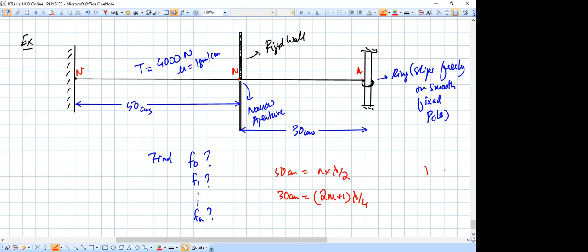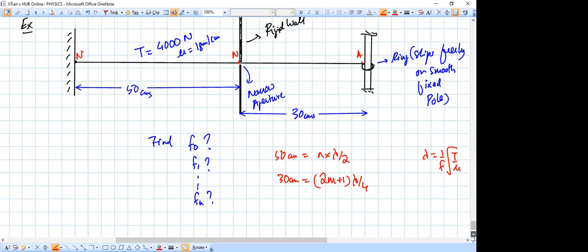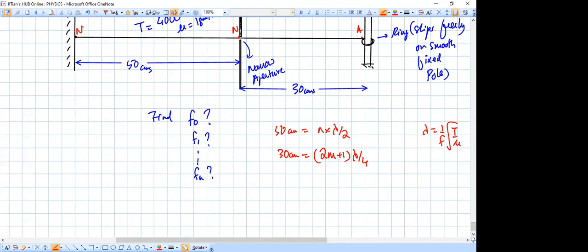So lambda is equal to 1 upon frequency times square root of T by mu. So let us first understand what modes it supports so that we know n and 2m plus 1. Here n is going from 1 onwards, and here m is going from 0 onwards.